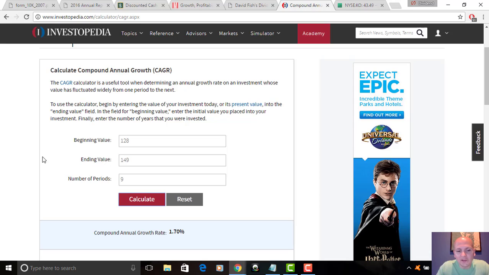So if you go over here, earnings per share growth over the last 10 years, if you look at compound annual growth, it's 1.7%, a little under 2%. Generally, when you see a disconnect between revenue growth and earnings per share growth, it can be explained in a number of different ways. If earnings per share growth is significantly higher than revenue growth, then you probably have some margin expansion and/or significant share buybacks, reducing the number of shares outstanding.